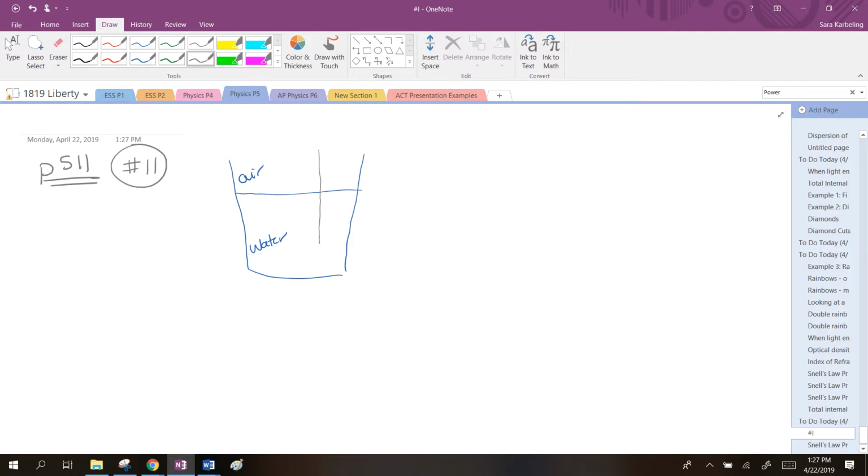And at an angle of 36 degrees with the vertical, that's the up and down. So the light is coming in like this. Theta I equals 36 degrees. It says, what is the angle between the refracted ray and the vertical?